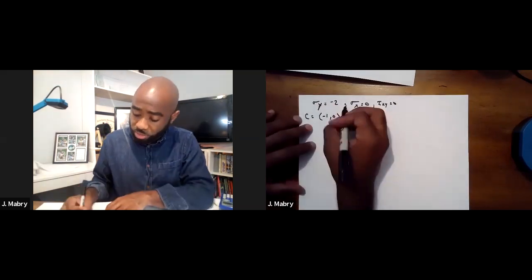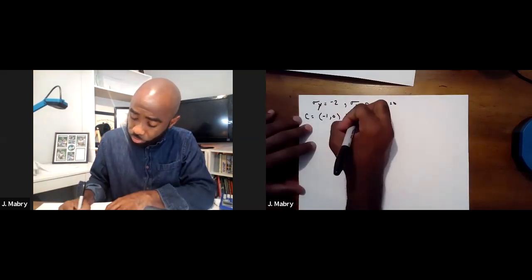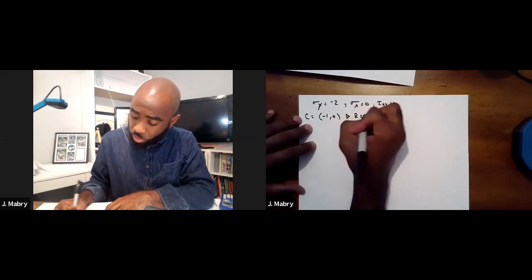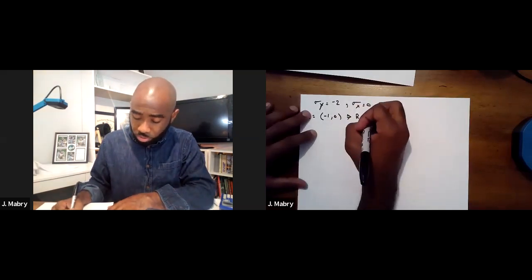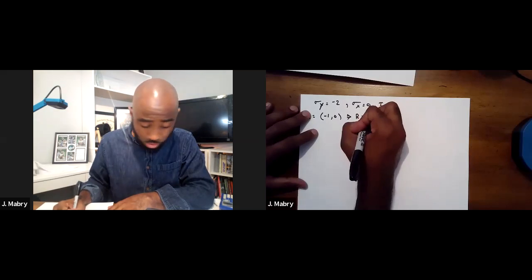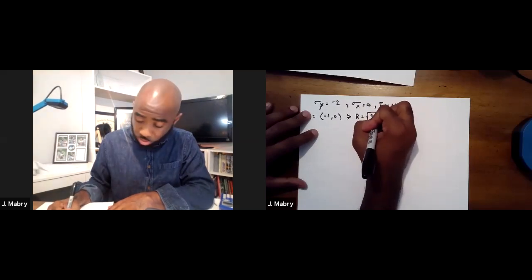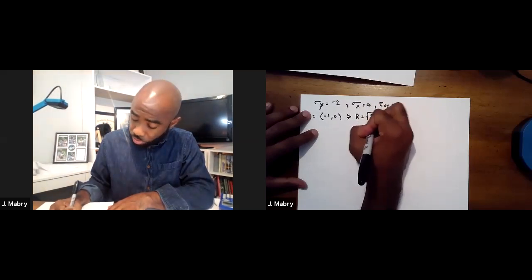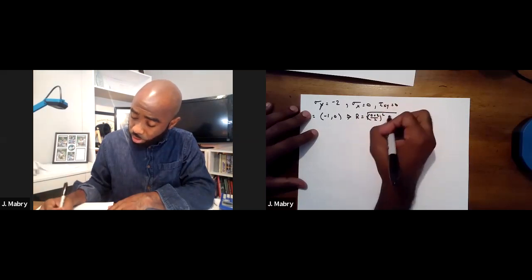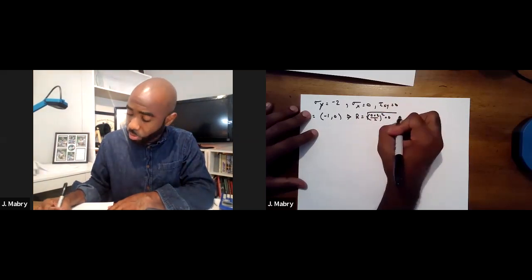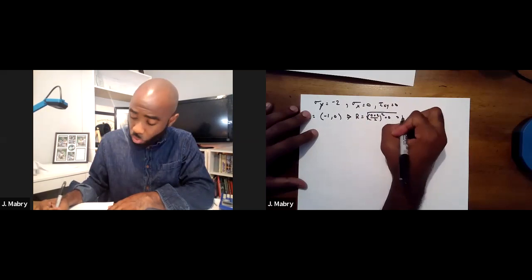Next, our range, or our reference radius. Our radius is going to be 0 plus 2 over 2 squared plus 0, and that is equal to 1.